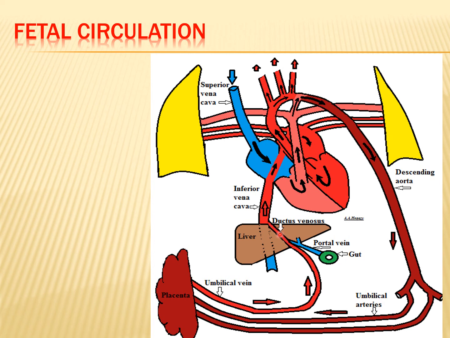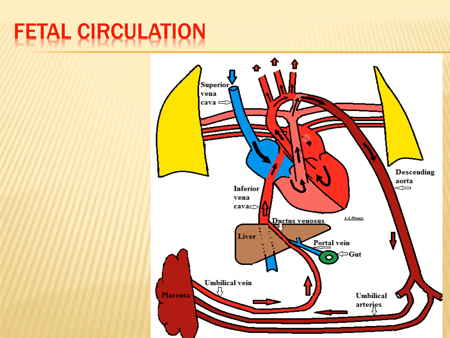This is a duct connecting the umbilical vein with the inferior vena cava. Then it passes to the inferior vena cava, then in its direction upward through the foramen ovale, from the right atrium to the left atrium, which should persist patent during the intrauterine fetal life, as we saw before.